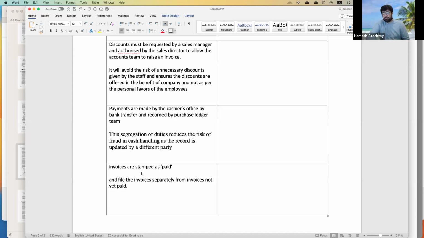Now, invoices which are paid are stamped as paid.